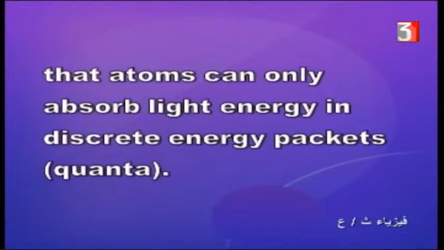So the effect can be explained if we assume that atoms can only absorb light energy in discrete energy packets. We call them quanta or photons. It is exactly as Max Planck said. The atoms can only absorb light energy in discrete energy packets or quanta.